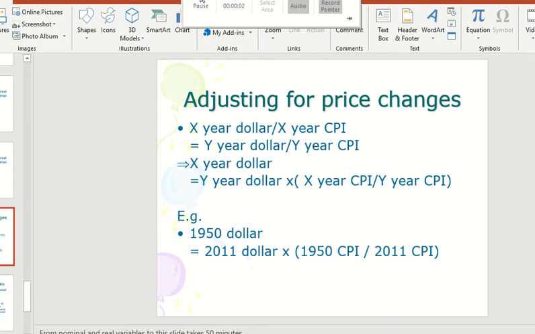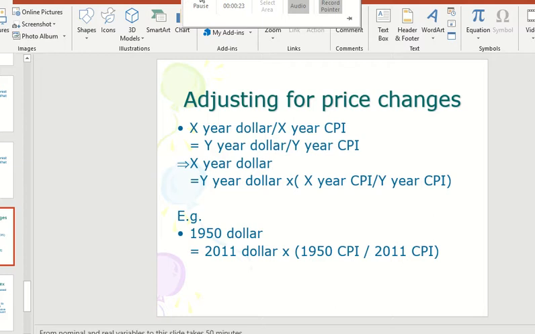Previously, we talked about converting nominal variables into real variables. That was one way to adjust for inflation, or to take away the effect of inflation, so that we can focus on the variable itself. That is just one of the ways.